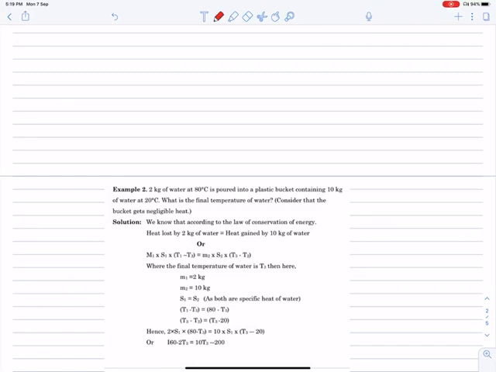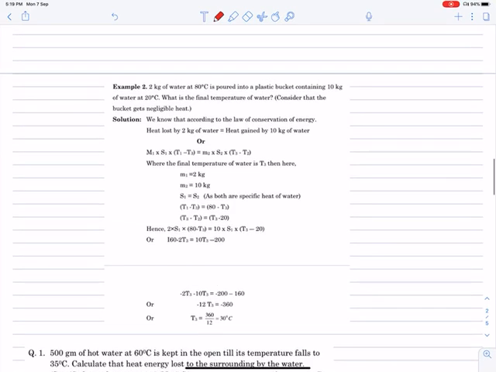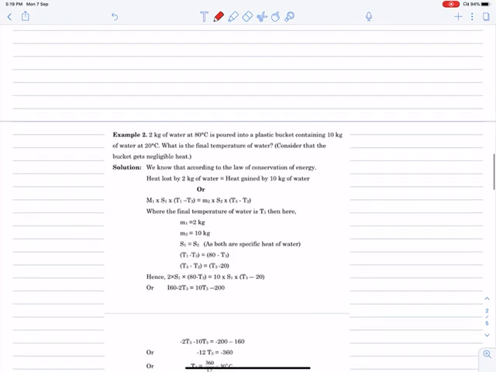So you can apply here heat lost is equal to heat gained. What we have to calculate is T3. T1 is 80 degrees Celsius because it is the higher temperature, and T2 is 20 degrees Celsius. You can guess the answer too: T3 is your equilibrium temperature, so T3 should be higher than T2.